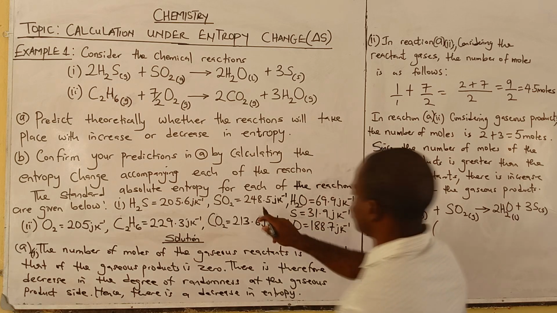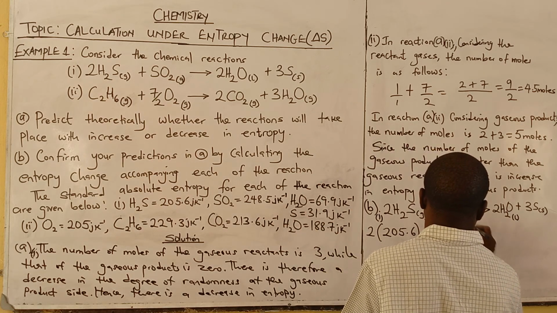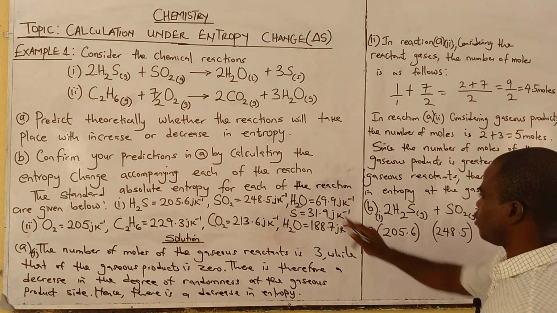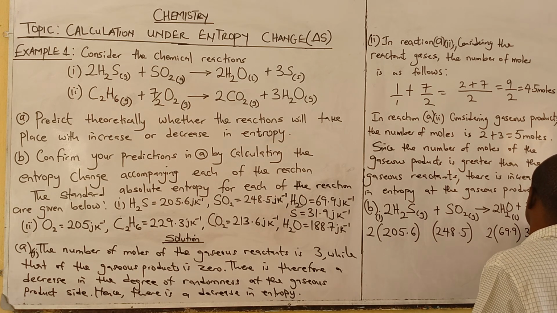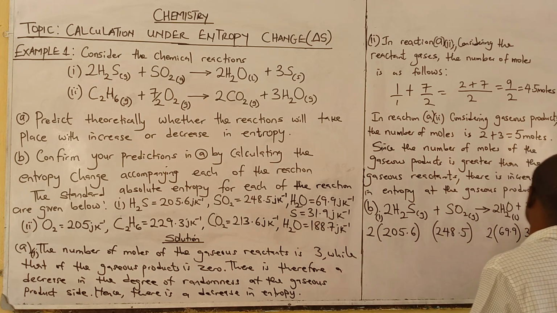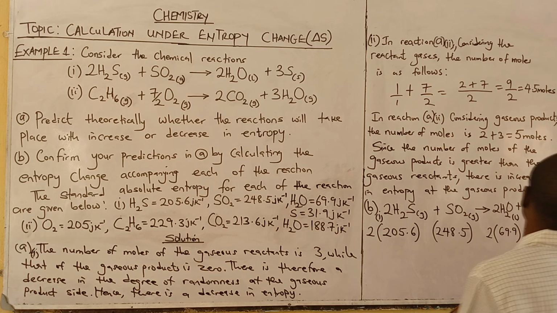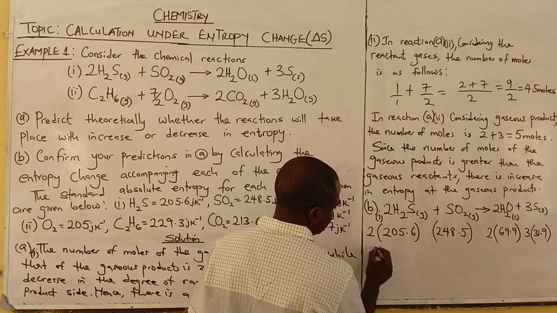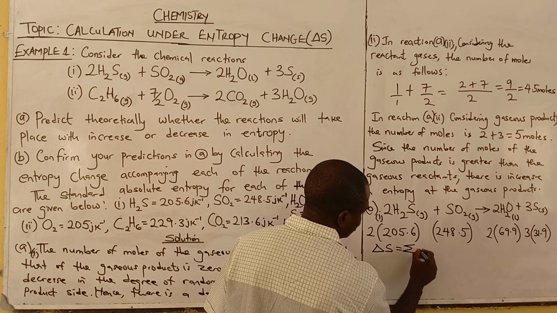For the second one, SO2, sulfur oxide, 248.5, to give us 2 of water, which is 69.9. Sulfur, we have 31.9.